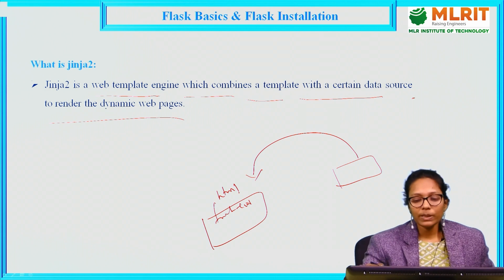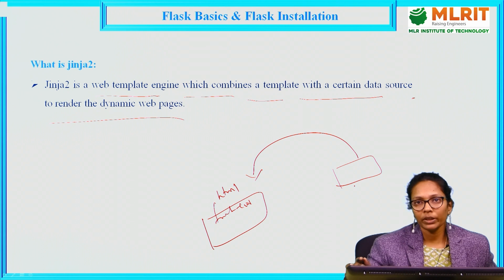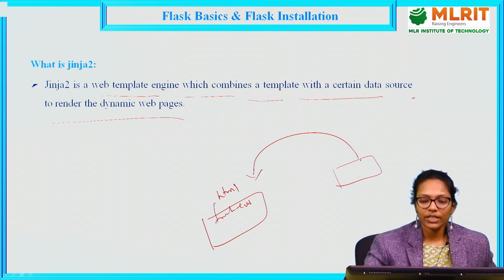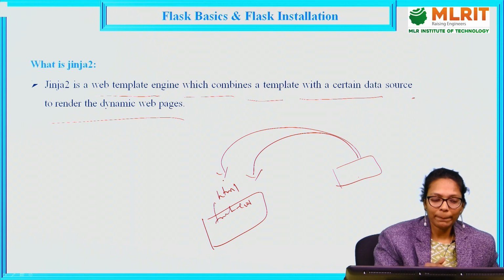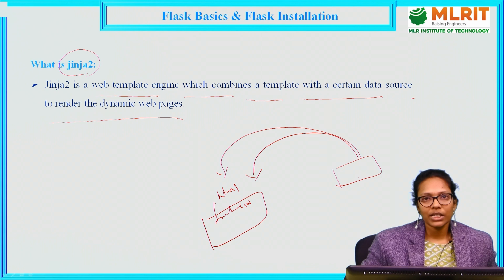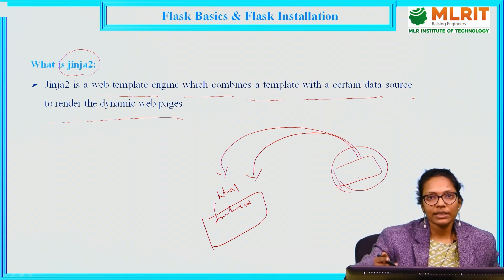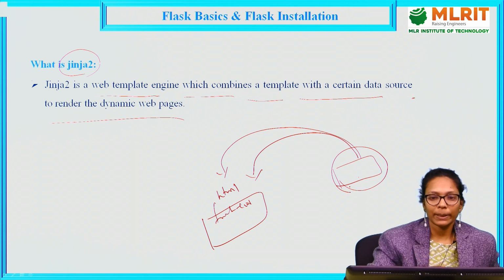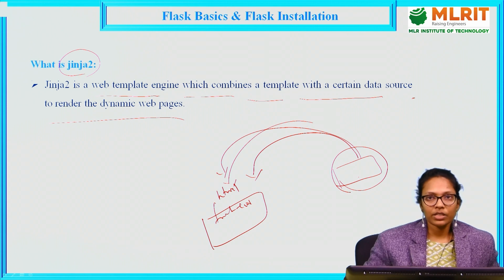The backend may generate the output as normal text or as an HTML page, so it needs to place that content in the output page, the front end page. To place that content in the HTML template, we use the Jinja 2 template engine. Jinja 2 takes the content from the backend, places it in the HTML template, and then it is sent to the front end. That process is done by the Jinja 2 template engine.